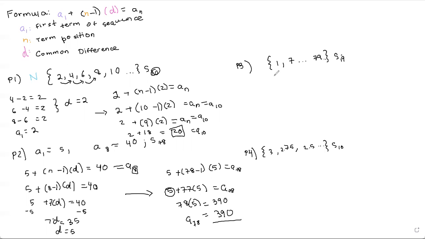So let's first find the common difference. We know that 7 minus 1 is equal to 6.